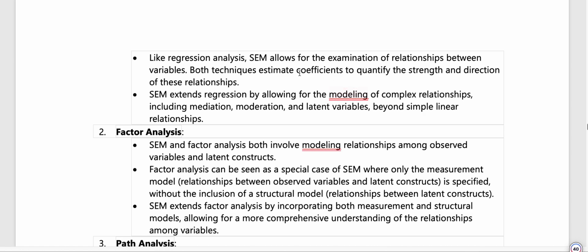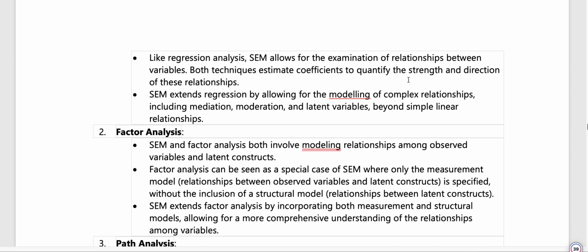Like regression analysis, structural equation modeling examines relationships between variables. Both techniques estimate coefficients to quantify the strength and direction of these relationships. Structural equation modeling extends regression by allowing for the modeling of complex relationships, including mediation, moderation, and latent variables, beyond the simple linear relationship.